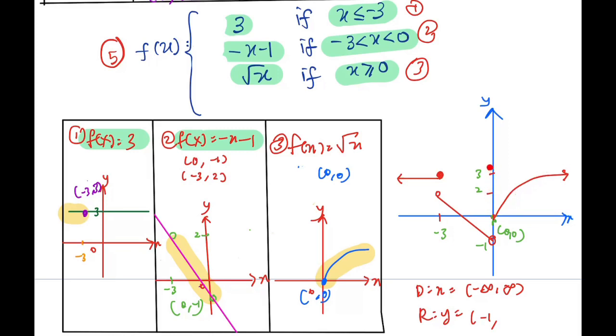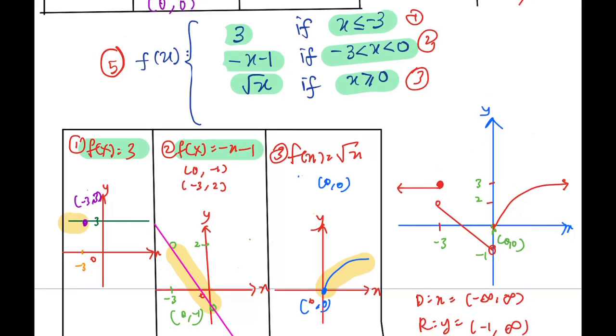Okay, and then up until this point here, we won't stop here because this function goes until positive infinity. So our range y is from minus 1, not included, up until infinity. So this is the final answer of your piecewise defined function.